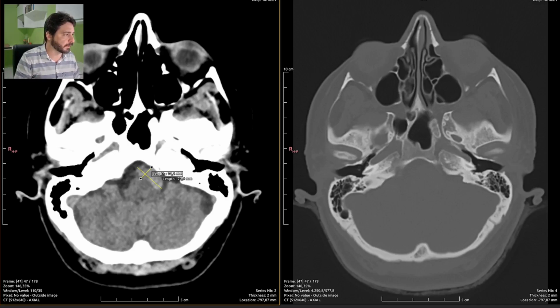So I'm just saying there is mild white matter disease on the brain. And there is this lesion right there, adjacent to the medulla oblongata.